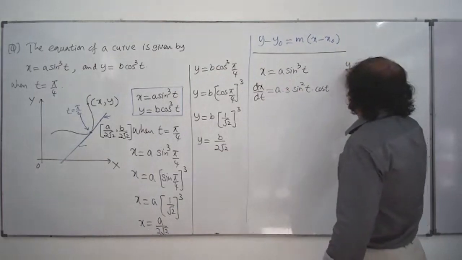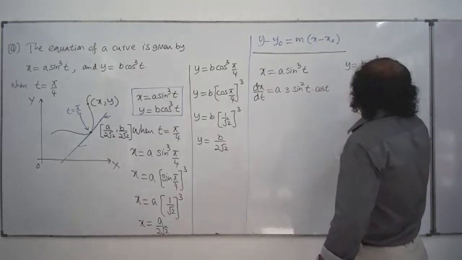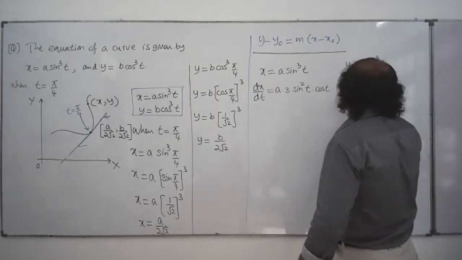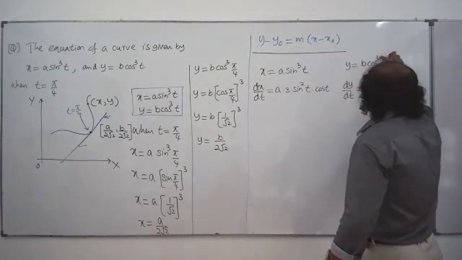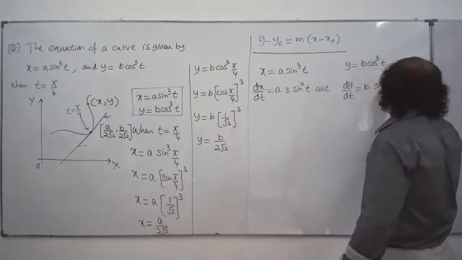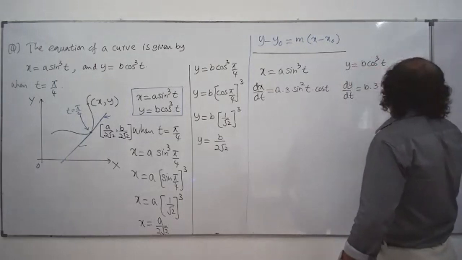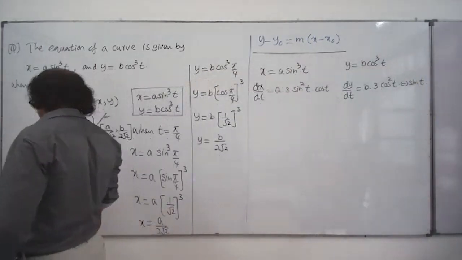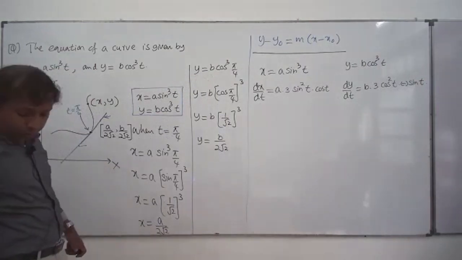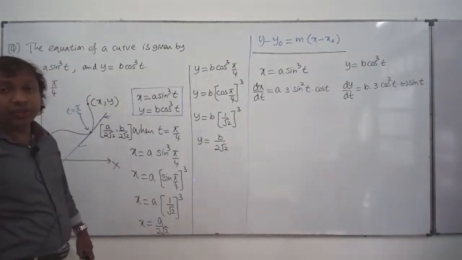Now y equals b cos cube t. Then we can write dy by dt equals b times 3 cos square t, times the derivative of cos t, which is minus sine t. Understand? Now we need to find dy by dx. To find this dy by dx, we can use the chain rule.